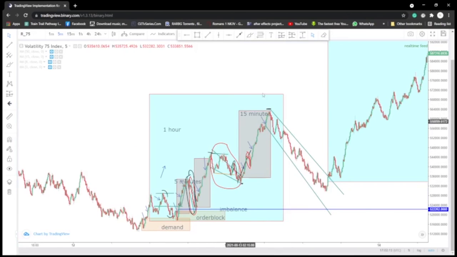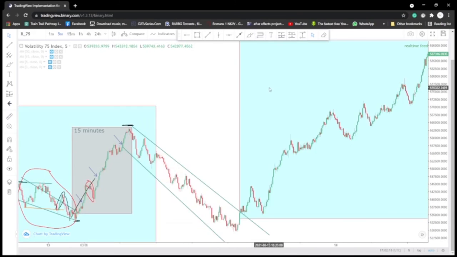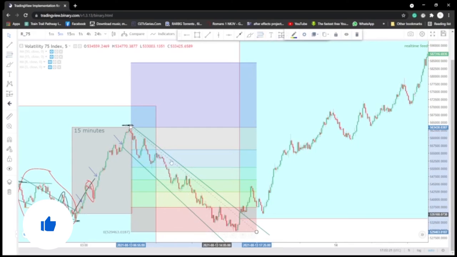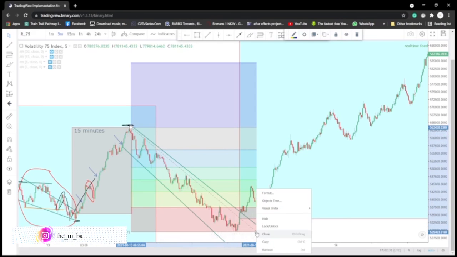With this, I hope you do understand everything. I will not use my fibs because I do not know how to use these fibs here. The ones that I'm using on my MetaTrader have settings on them, but with these fibs, I cannot put settings.